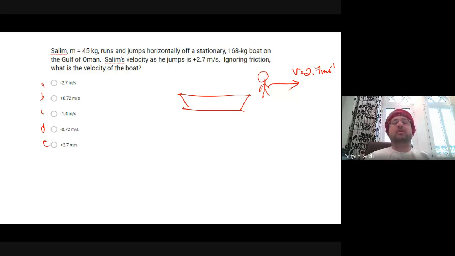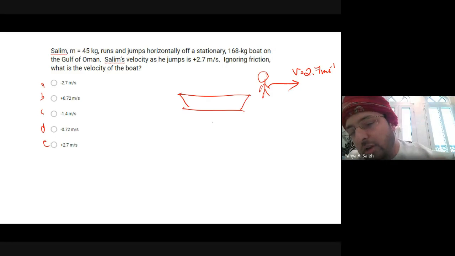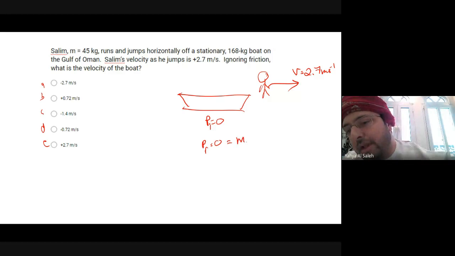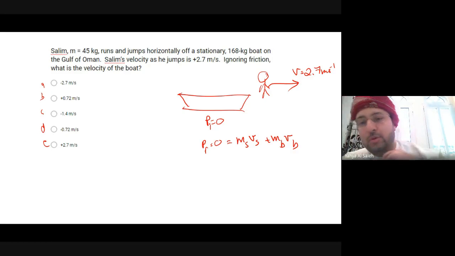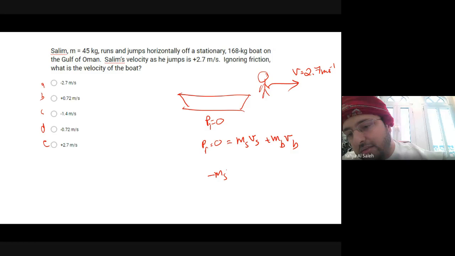They equated velocities, but they forgot that there is also a mass component. Since there is no friction, and initially there is no movement, my initial momentum is equal to 0. My final momentum should also equal 0, and that is equal to mass of Salim times velocity of Salim, plus mass of boat times velocity of boat. Which means minus mass Salim times velocity Salim is equal to mass boat times velocity boat.